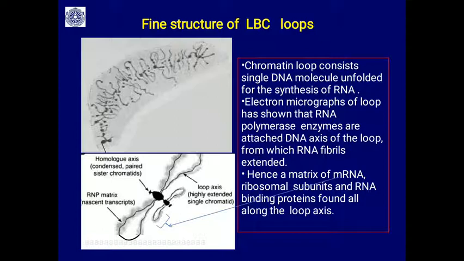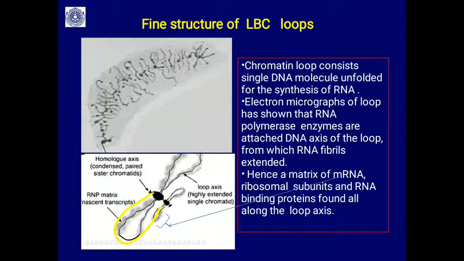An electron micrograph of the loop has shown that RNA polymerase enzymes are attached to the DNA axis of the loop, from which RNA fibrils extend. This is what you can see. Hence, around each loop you will be able to find a matrix.